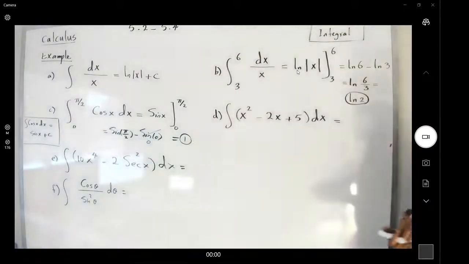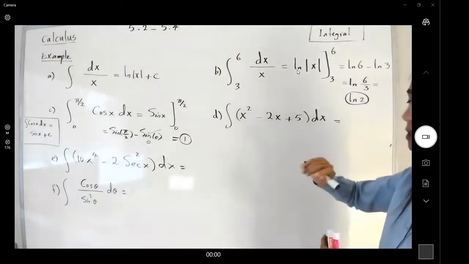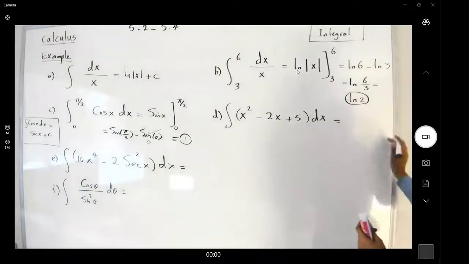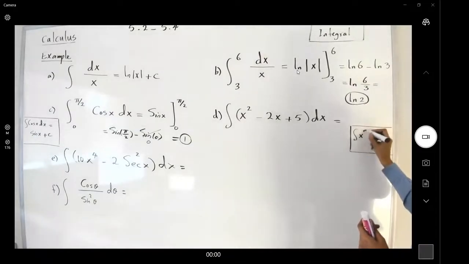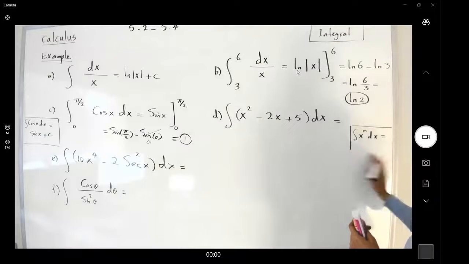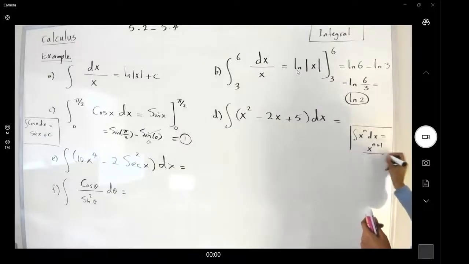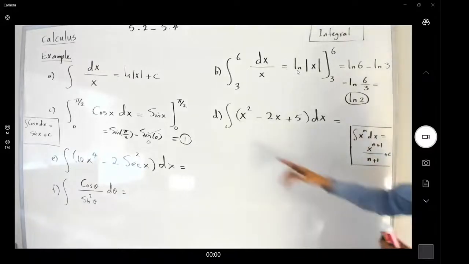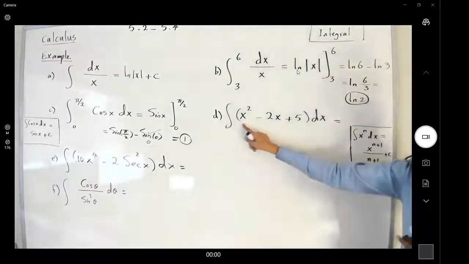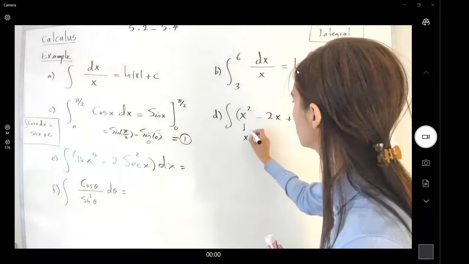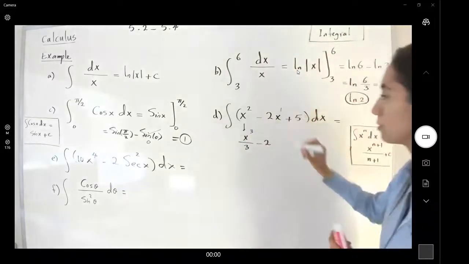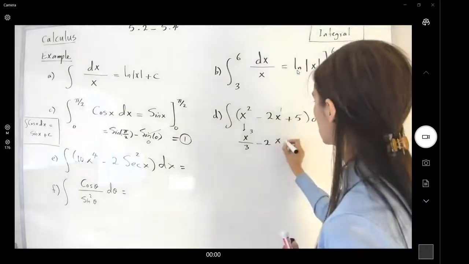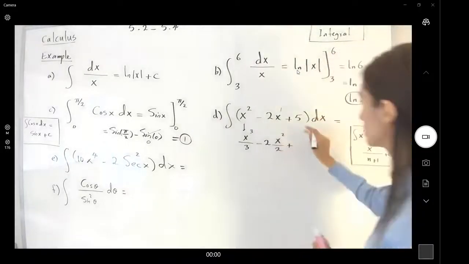Now for d, it's not that hard. Here you have x to the second power. Remember that we have power functions. The integral of x to the n dx is x to the n plus 1 divided by n plus 1 plus constant of integration. So the integral of x squared is going to be x cubed divided by 3 minus 2 times, here the invisible exponent is 1, you get x squared divided by 2 plus 5.